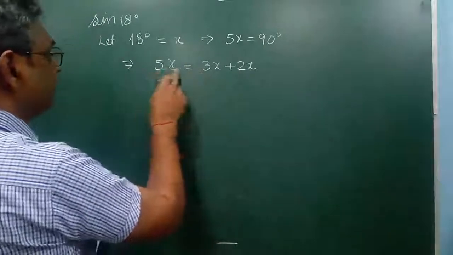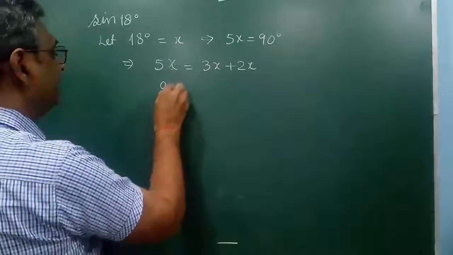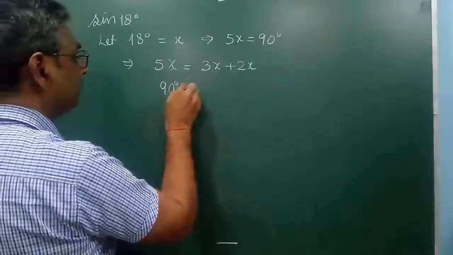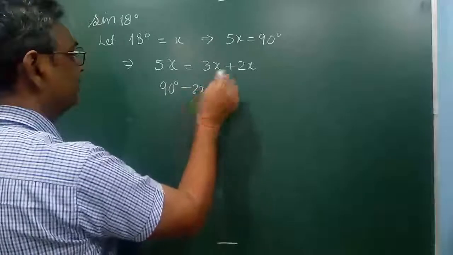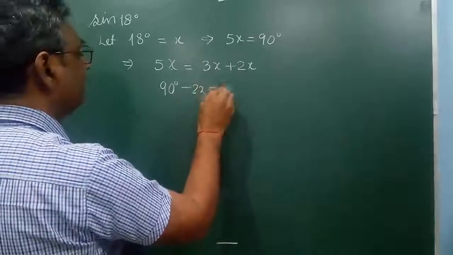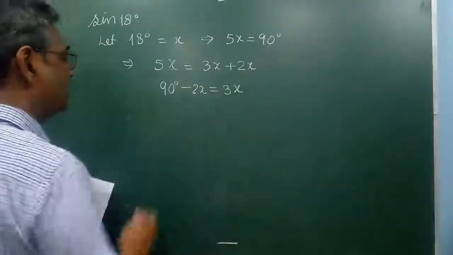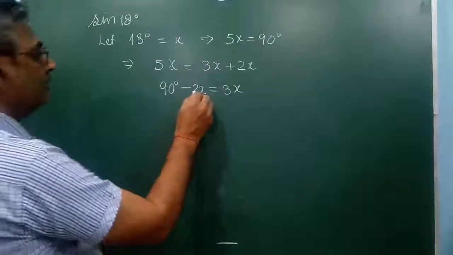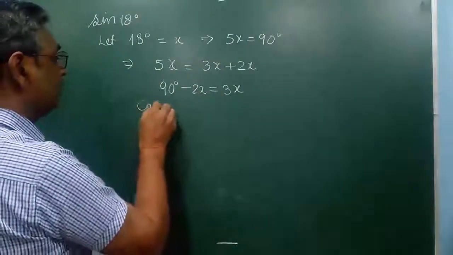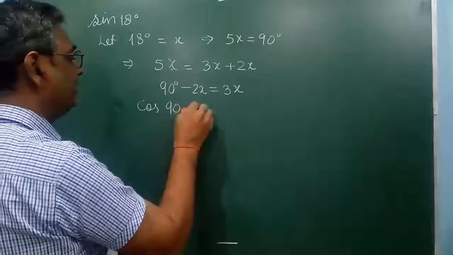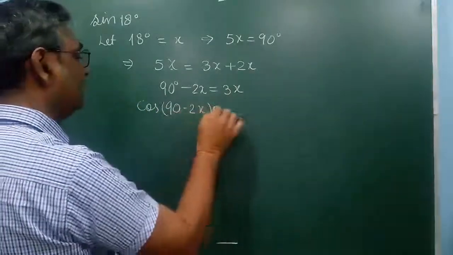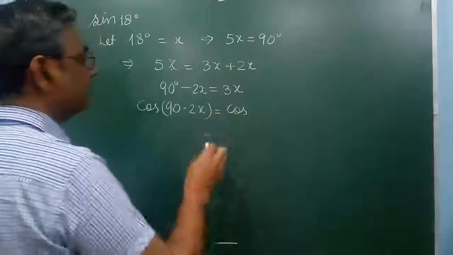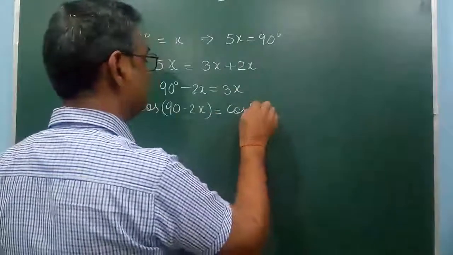We can write in place of 5x, 90 degree, or minus 2x, we can take it to this side and equal to 3x. Now, what we do here, we put cos on both sides, means cos of 90 minus 2x equal to cos 3x.